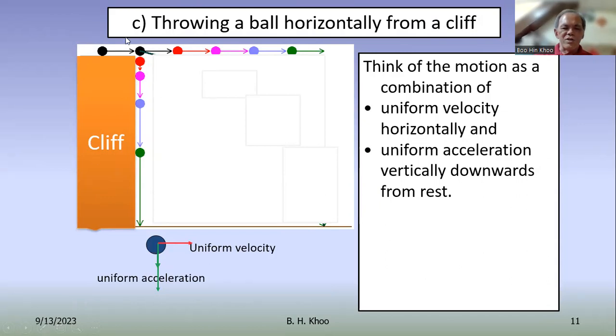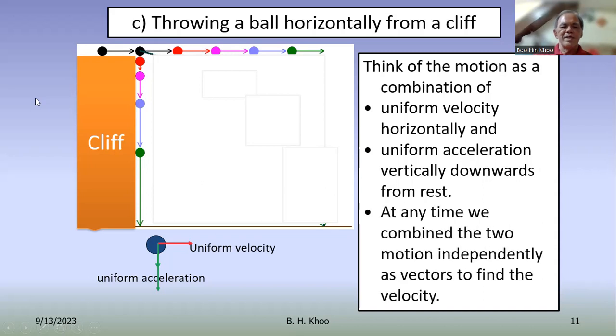So if we are throwing it horizontally, at any time we combine the two motions independently, as vectors, to find the resultant velocity. For example, after one second, the red one is the horizontal motion, and vertically we have traveled to the red one.